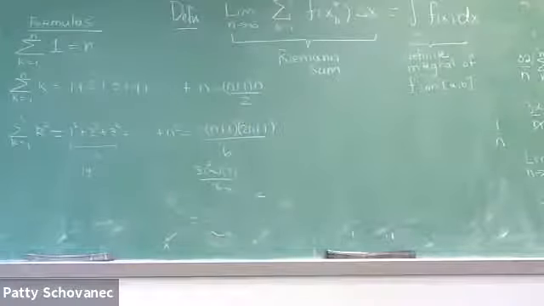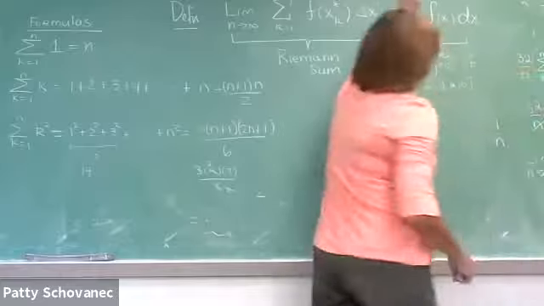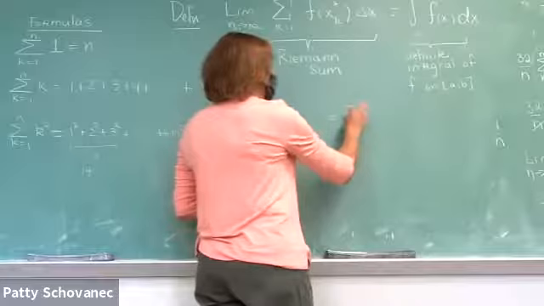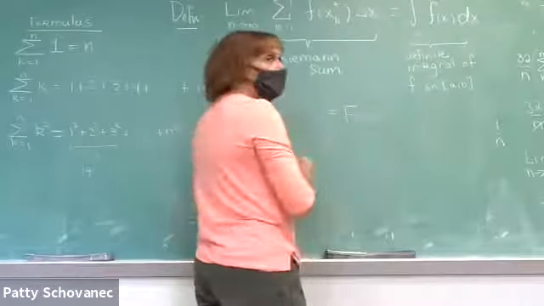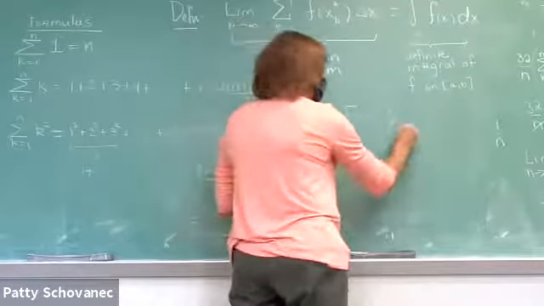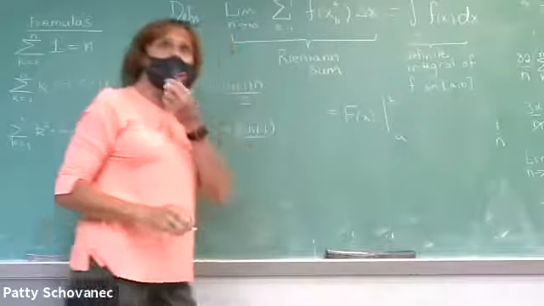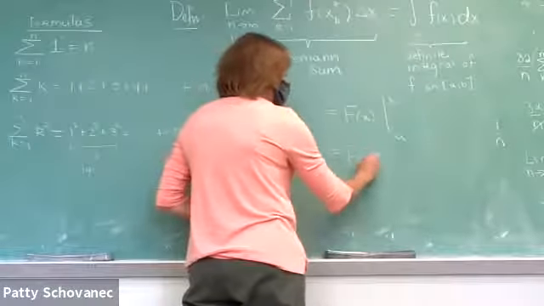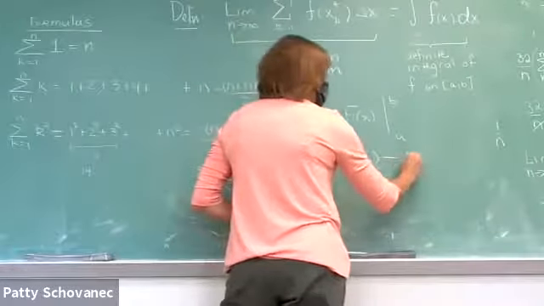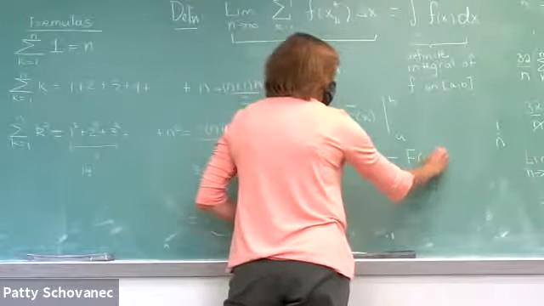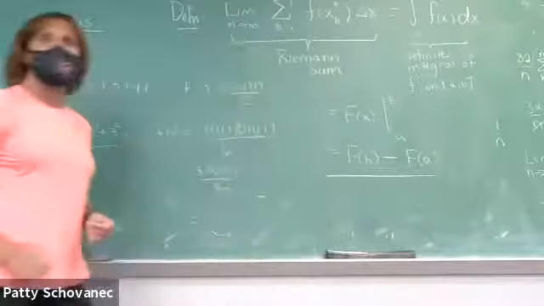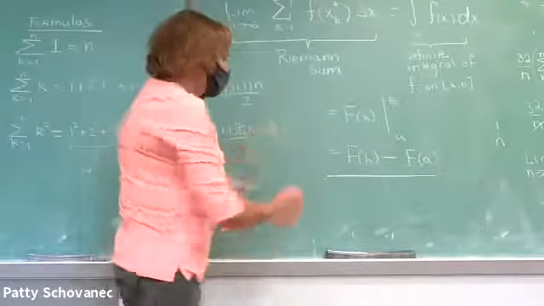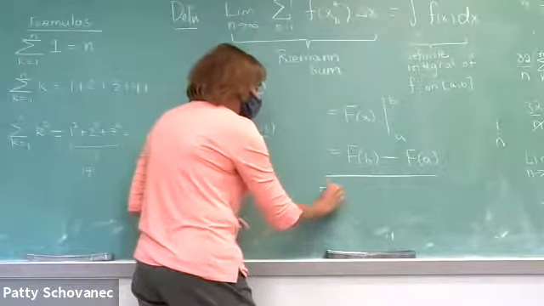Then remember how we do this. If I don't have the numbers on there, you find an antiderivative. And then we're going to evaluate that antiderivative at the two endpoints. We put the right endpoint in first, then we put the left endpoint in, and then we subtract. And so what I've written here is called the first fundamental theorem of calculus.